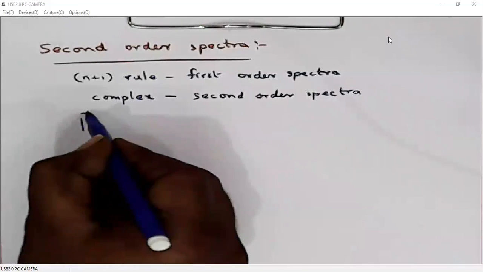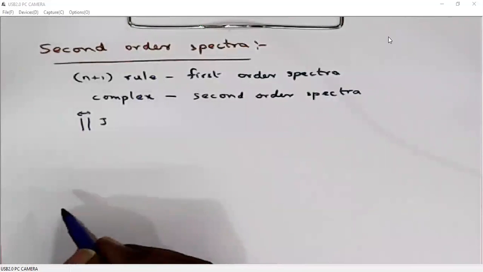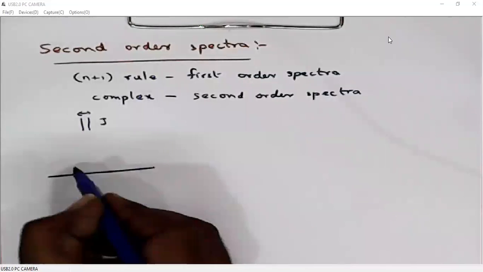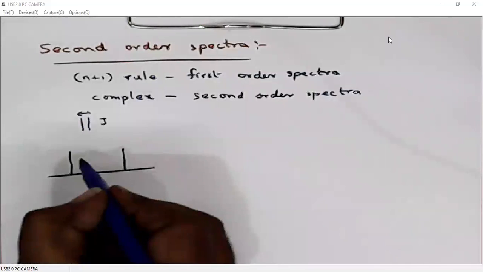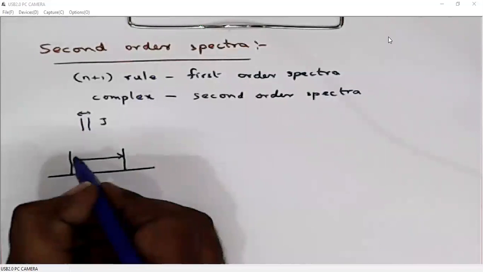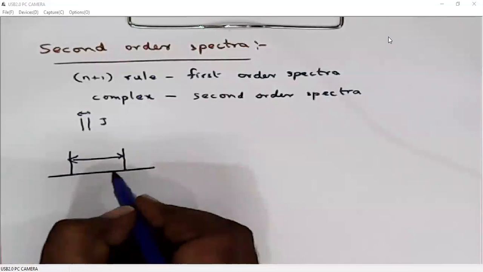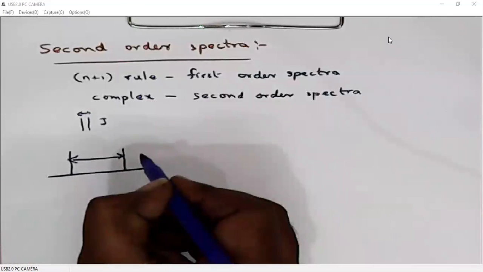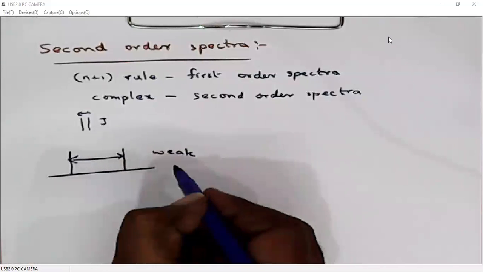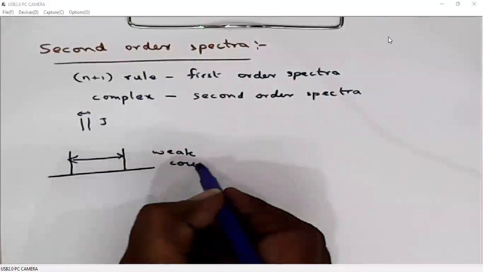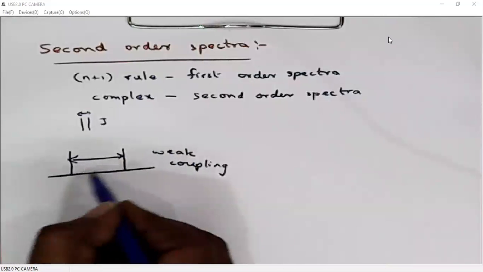For the same J value, if two protons are giving large delta differences, that means we can say there is a weak coupling between the signals of these two protons.